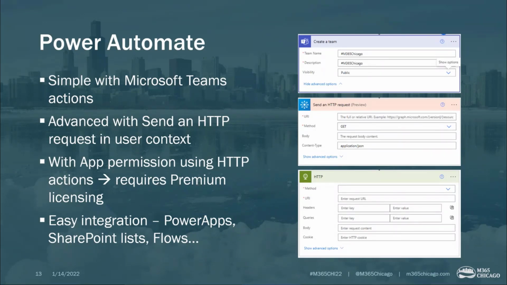Then it's the more advanced side, send an HTTP request. That is in preview, so you can actually call Graph API with that new action in a user context. There is no option, for example, to use application permissions for that one.